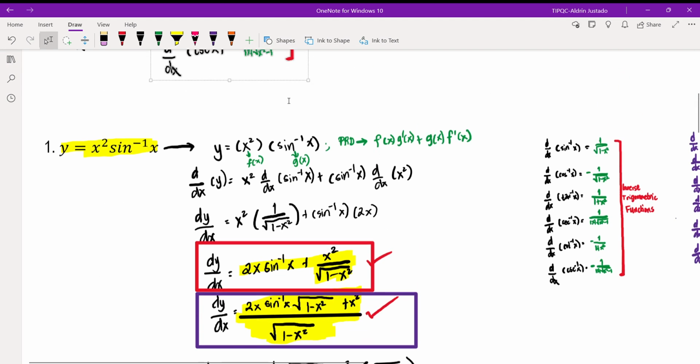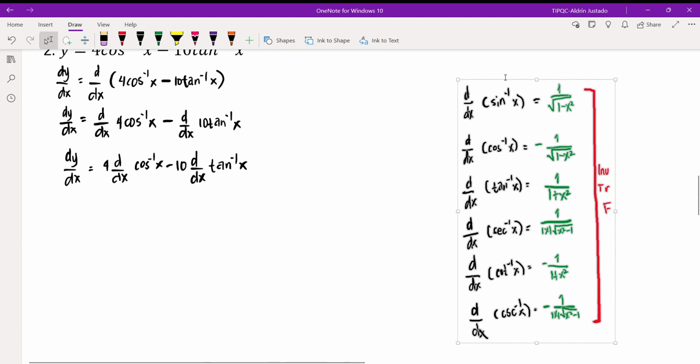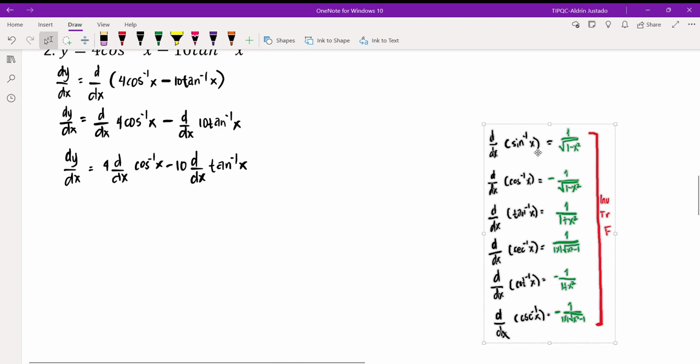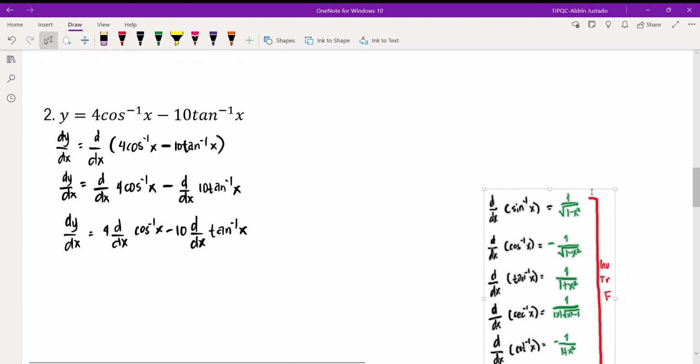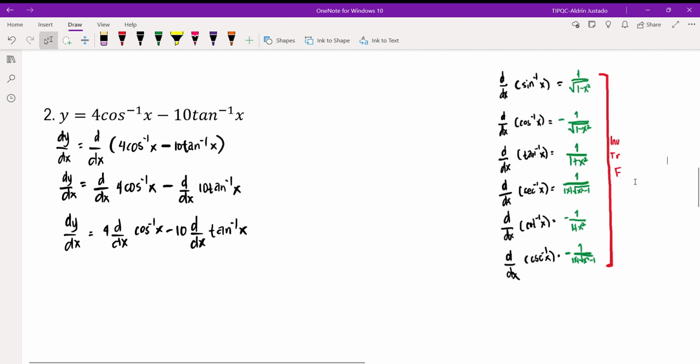Going to paste here. Okay? Para may reference tayo. So, let's solve.